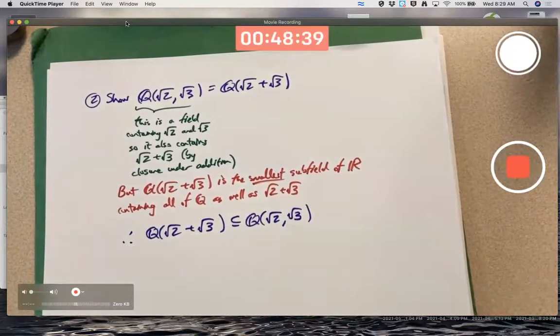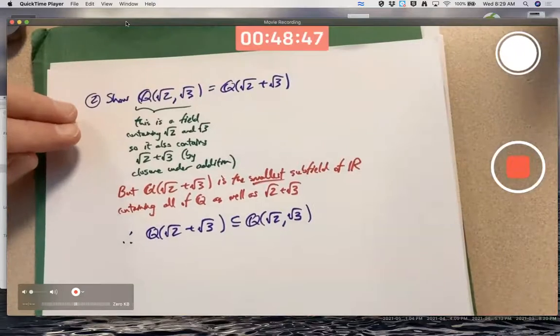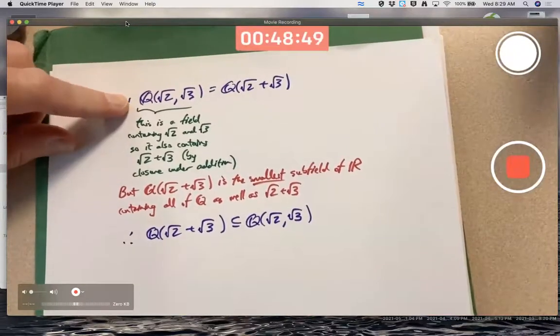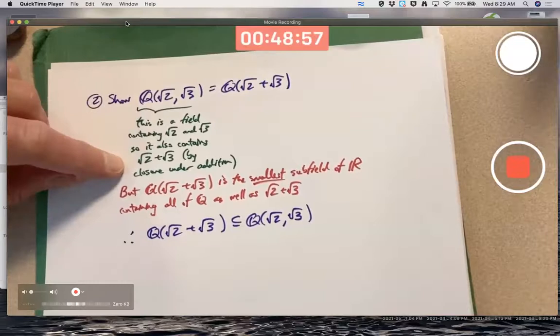You've got to really think when you're concluding this. This is the way you want to think about it. We know this thing contains the rationals. We also know it contains root 2 and root 3. Therefore, by closure under addition, it contains root 2 plus root 3.